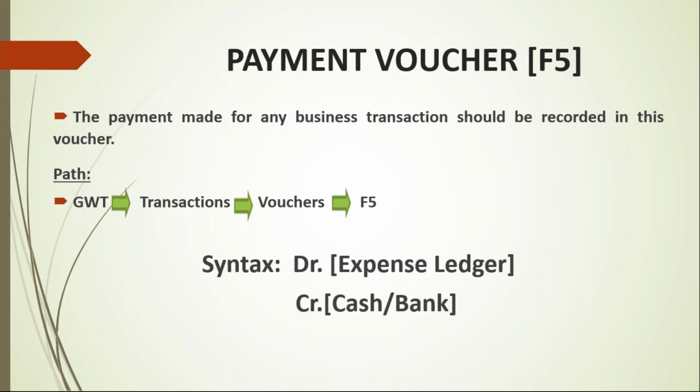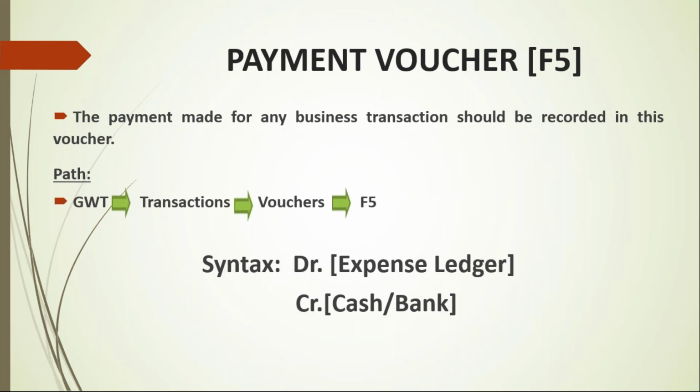So if I have to pay for any expense, payment voucher. So like this, payment voucher is used for making payment of any business activity, for any business transaction. So whatever payments have to be recorded with regard to any business activity, payment voucher has to be used. So F5 is the function key for a payment voucher.